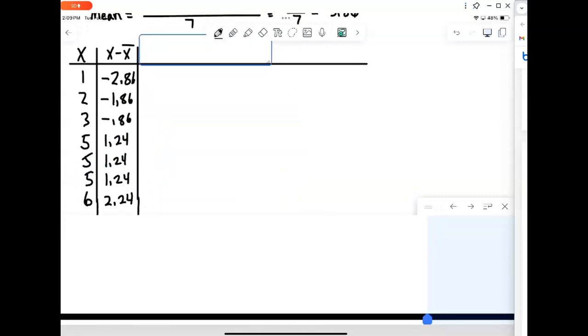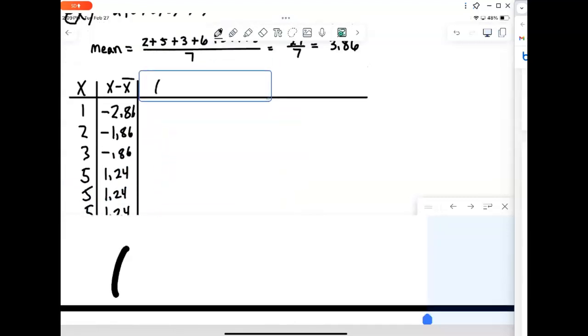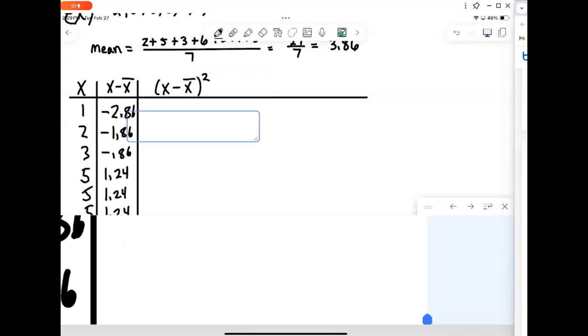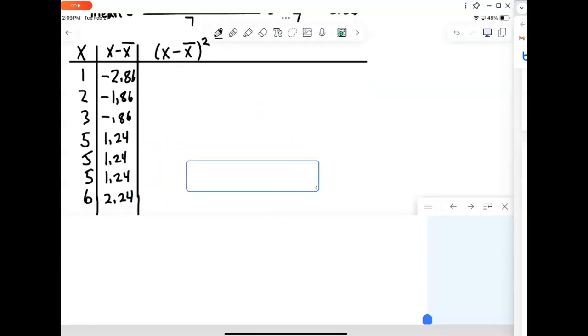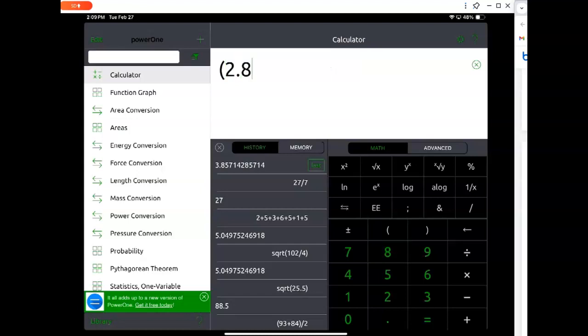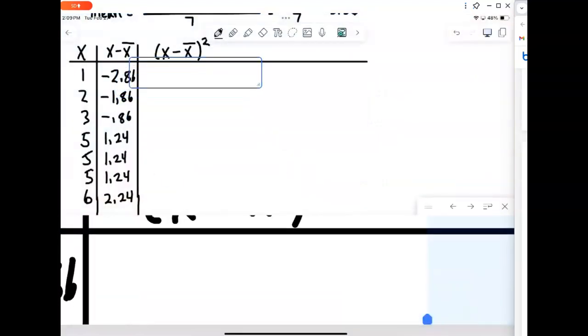And then we just take those answers and square them. So negative 2.86 squared is going to be 8.1796, and I want to keep this as accurate as possible.